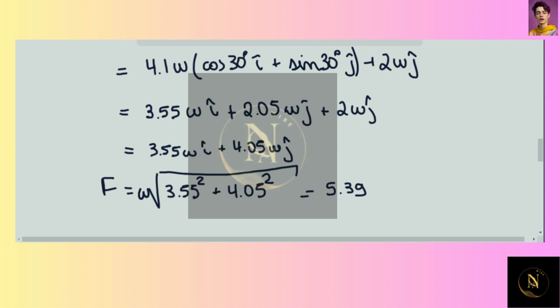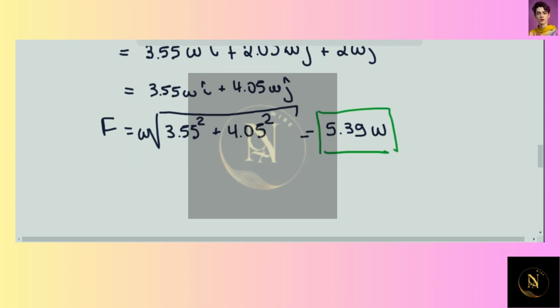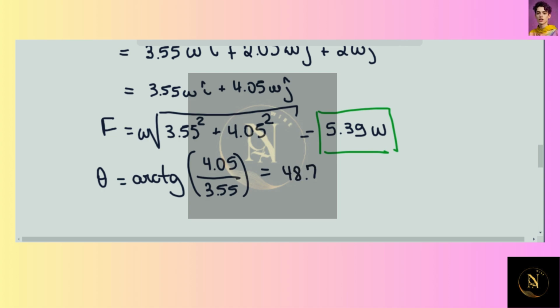So 5.39 W. This is the magnitude, and the direction of the force, theta, is the arctangent of 4.05 divided by 3.55, and this is equal to 48.76 degrees. And this is the conclusion of our exercise.